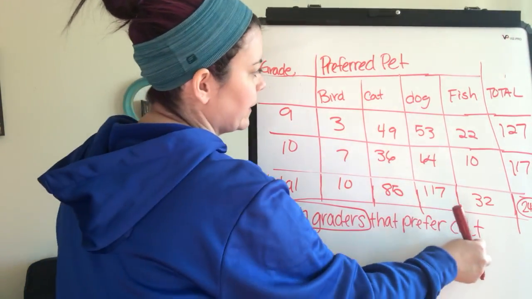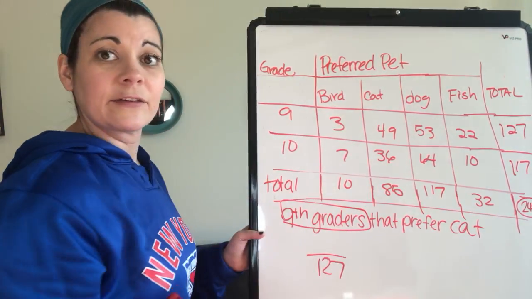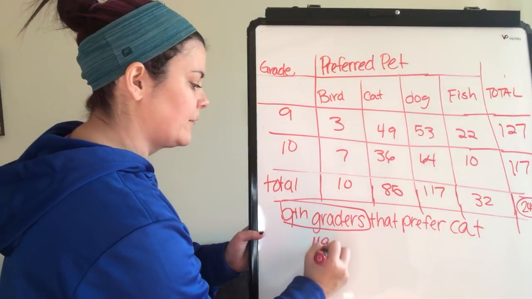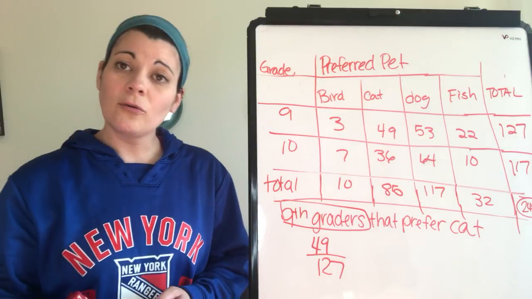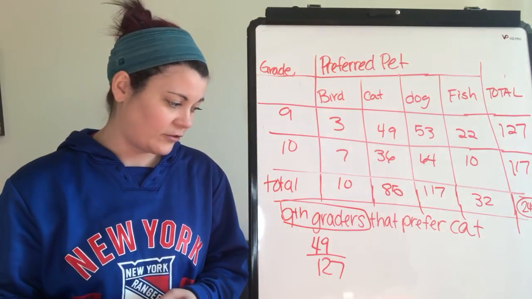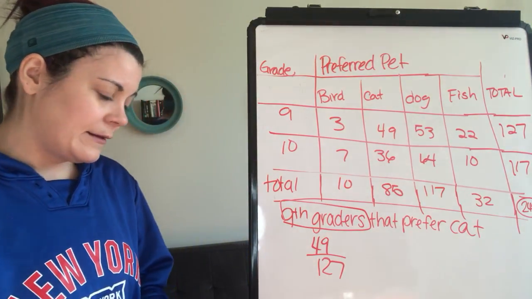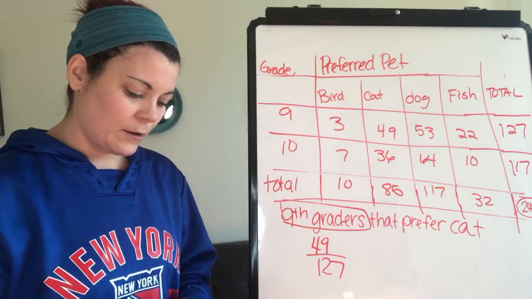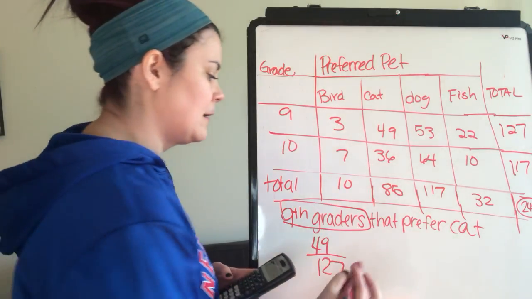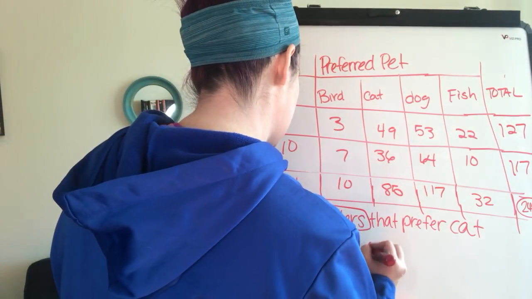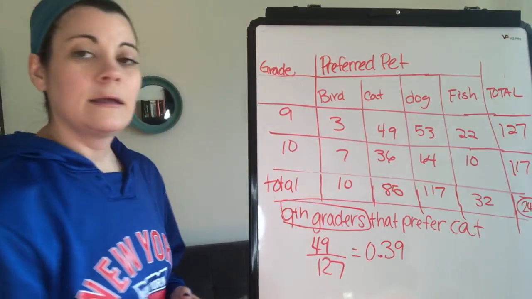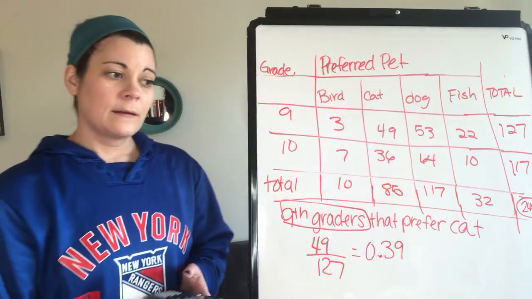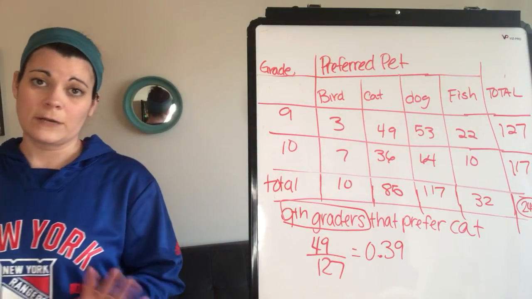Then those that preferred a cat: cat is 49. So 49 out of 127. Remember, conditional relative frequency is written as a percentage or as a decimal. So 49 divided by 127 equals 0.39 if I round it. That is conditional relative frequency.